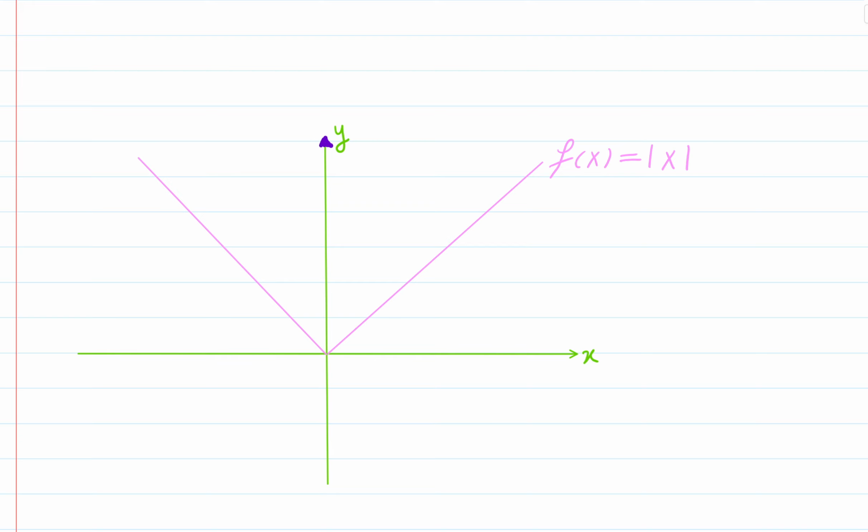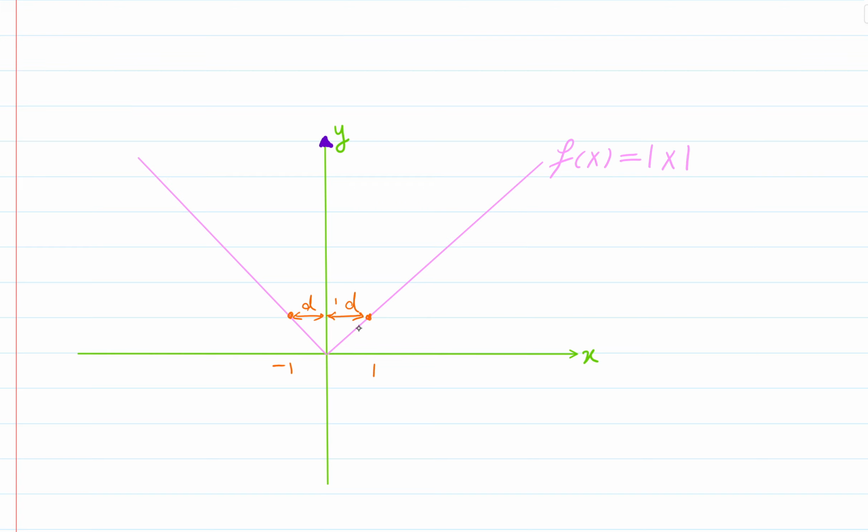For example, on the graph of the absolute value function, you have point (1, 1). And then on the second quadrant, you have point (negative 1, 1). These 2 points have the same distance from the y-axis.